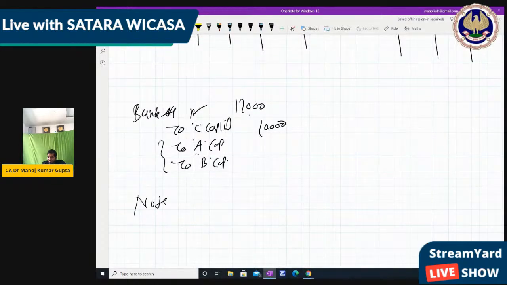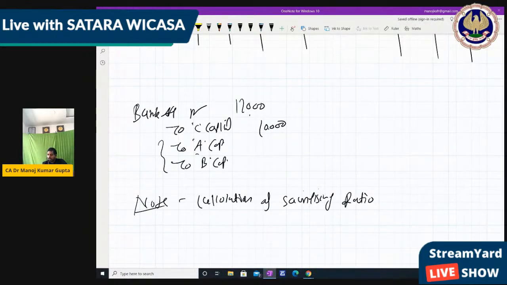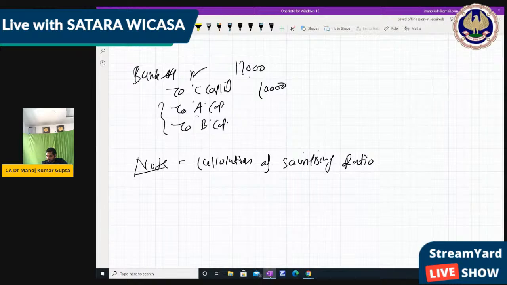So note the calculation of sacrificing ratio. How to calculate? Sacrificing ratio equals old ratio minus new ratio, right?